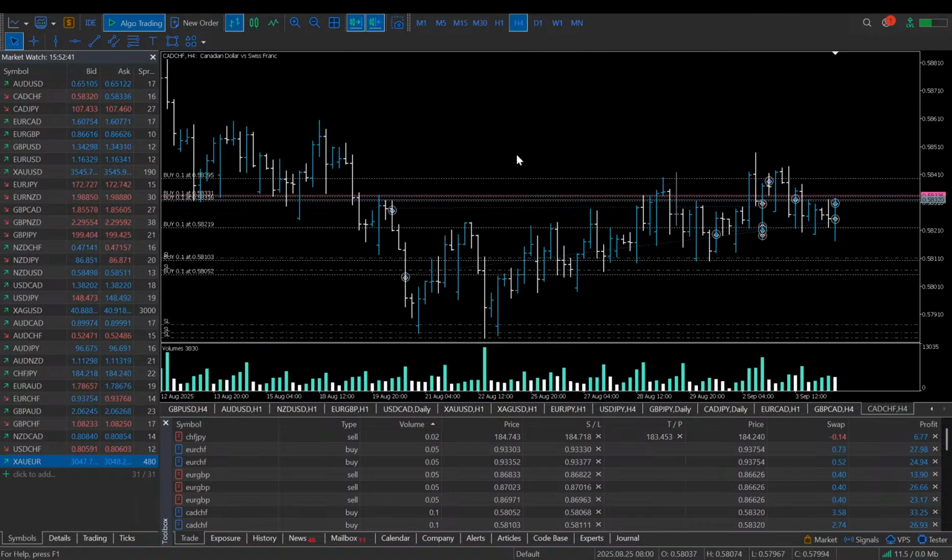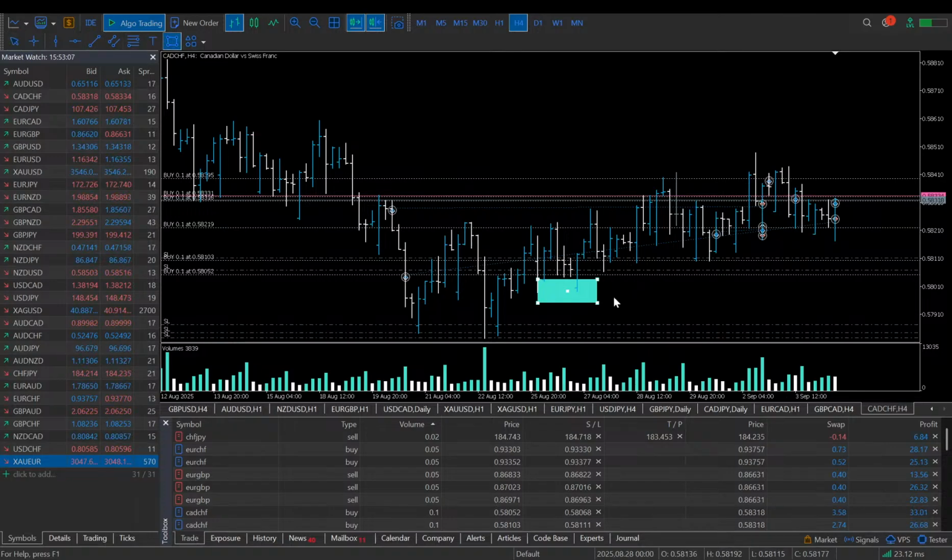So you can see this one is CAD CHF. I have multiple trades running on that, but these trades are over time. And if you notice here, we have similar higher lows, higher lows as well.